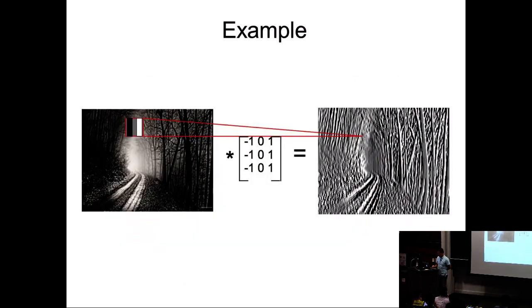Here's an example. If you take this image, which is a big matrix of grayscale numbers, and you convolve it with this matrix, if you think about this matrix, it really is looking at the boundaries, going from -1 to 1, kind of like going from black to white, if you think of it that way.